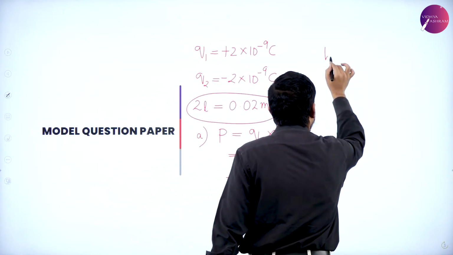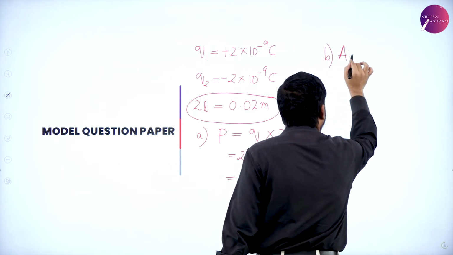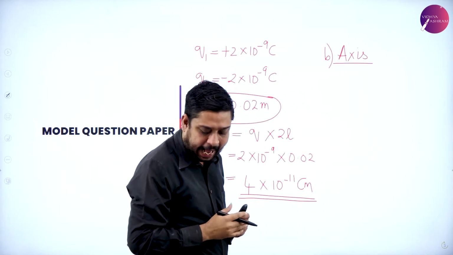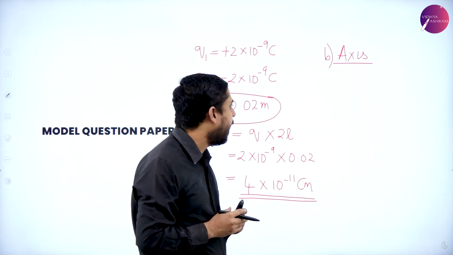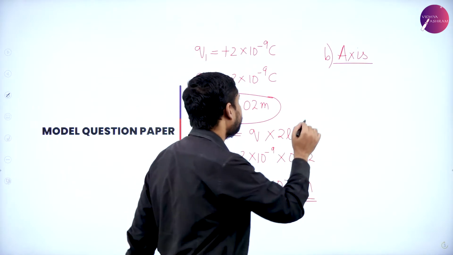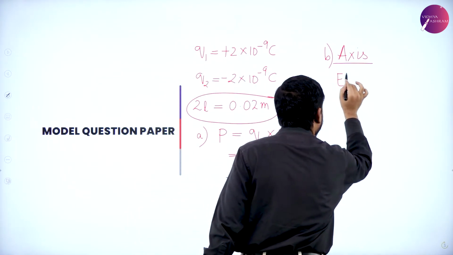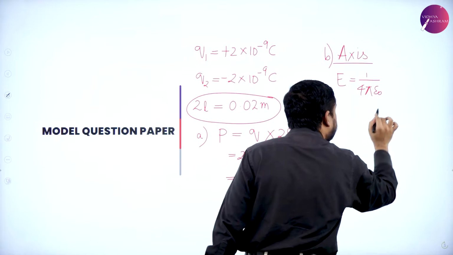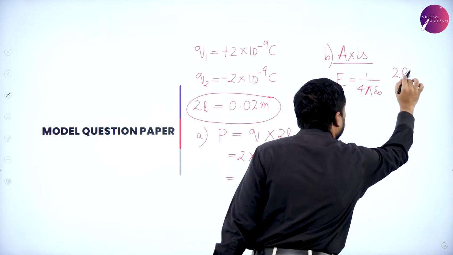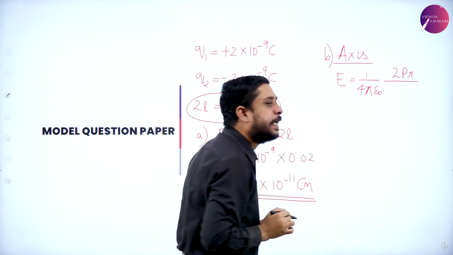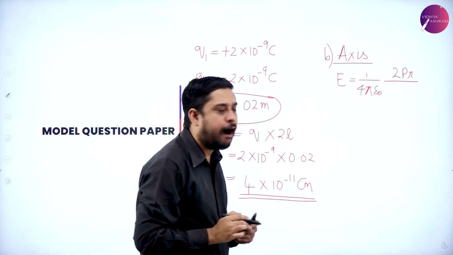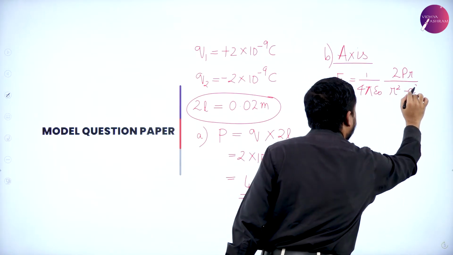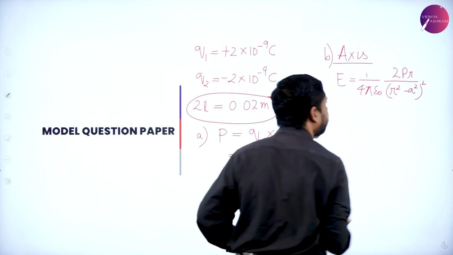So first we are calculating along the axis, where we know that E is 1 by 4 pi epsilon naught into 2pr divided by (r square minus a square) the whole square.